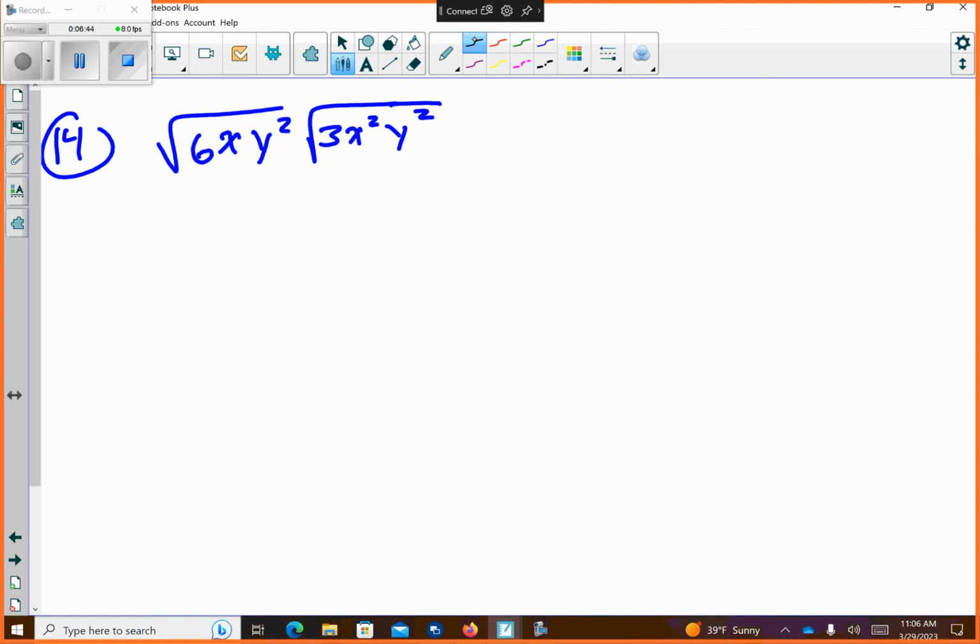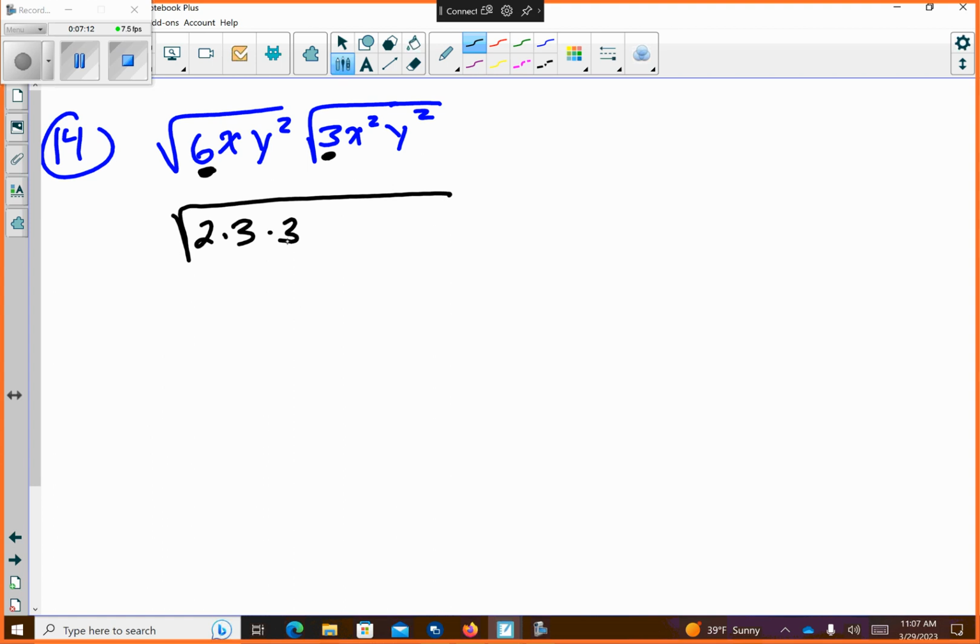If the 6 and the 3 were like 45 and 86, I'd maybe go a different route. So let's look at it this way. I'm going to put it all under one radical. Can I break 6 down to 2 and 3? Yes, 2 and 3. And then this other 3 comes down.